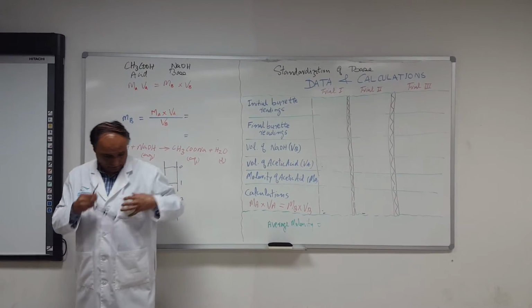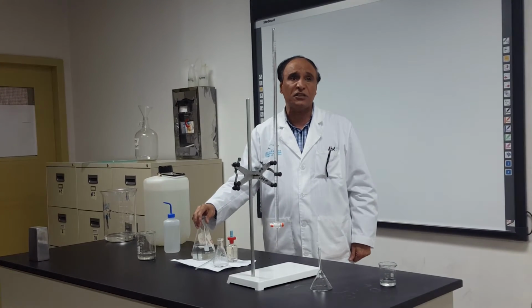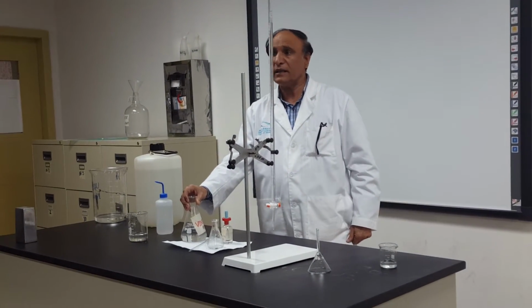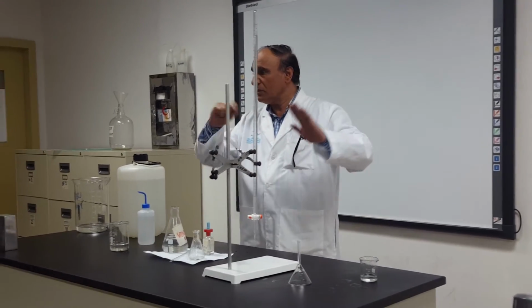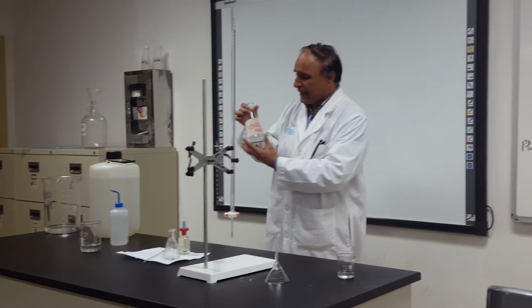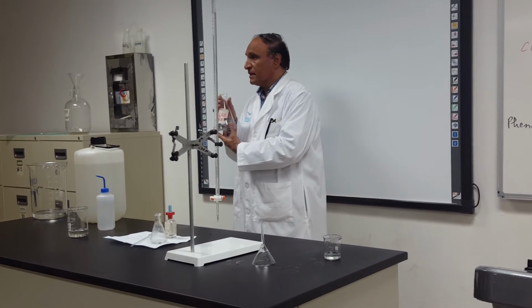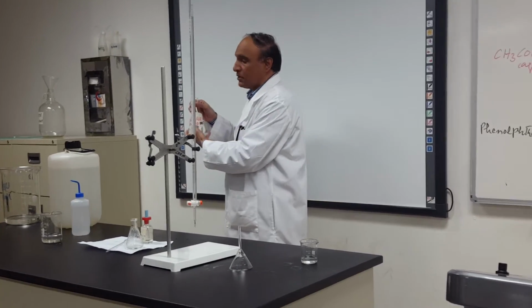So, this solution is the vinegar solution. This is the acid, and its concentration. Nothing you are going to write today, just look at me. This is vinegar and its concentration. Its molarity is known and it is written 0.680.